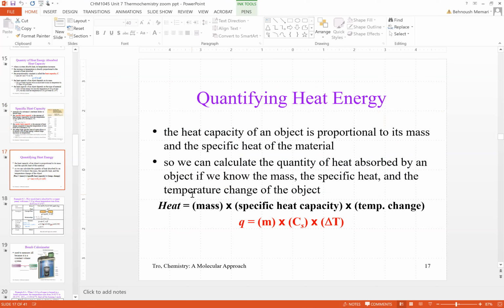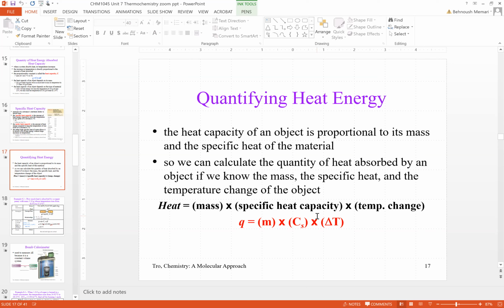You can calculate the quantity of the heat absorbed or released using specific heat, mass, and change in temperature. If you just talk about the heat capacity, because it's proportional to its mass, the higher the mass, the higher the heat capacity is going to be.